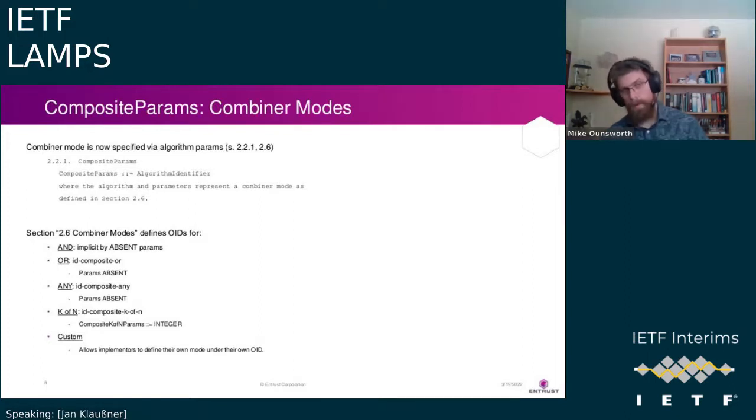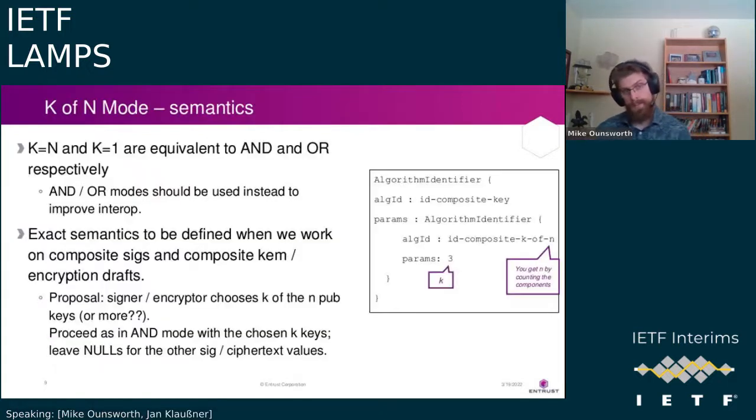Okay. The next two slides are actually yours, Jan, if you want to explain the K of N mode. Okay. Russ, next. As some of you already guessed, we explained this already, so I'm not sure if this adds any more information.